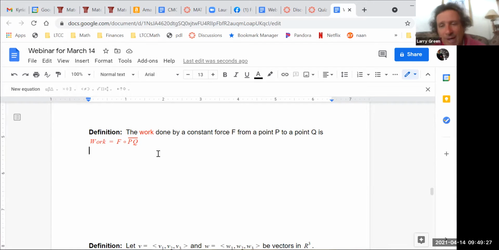I'm not going to spend a lot of time on it. It's really important, though. If you want to find out how much energy, which is proportional to work, it takes to go up Echo Summit, then this is what you do, where the force is the combined force of gravity and friction, maybe some other things. And PQ will be where you're going from one place to another. And this assumes that F is constant. So that's a big note, that F is constant.